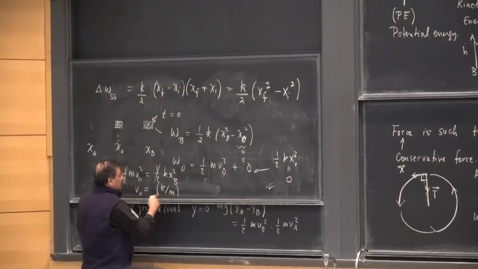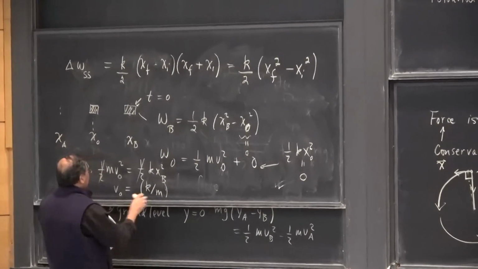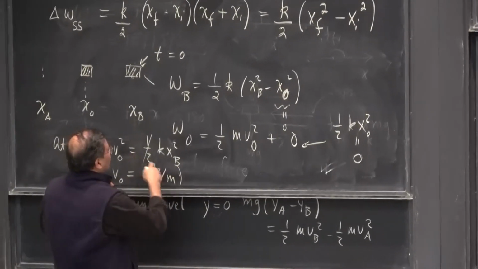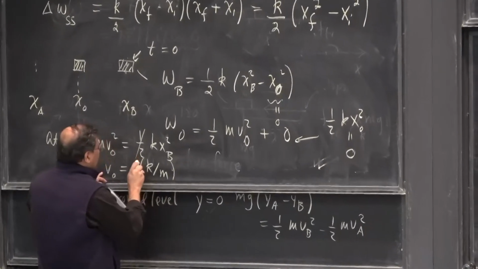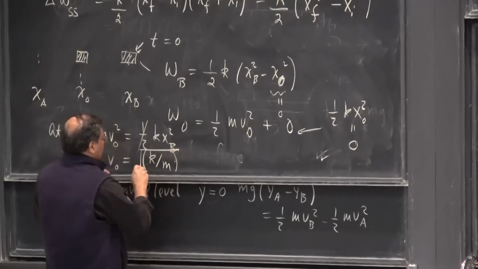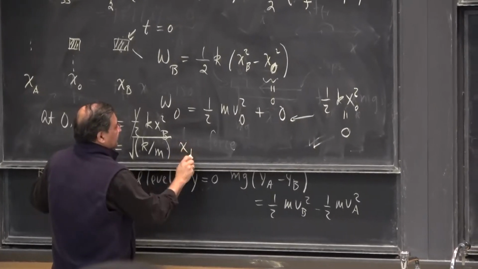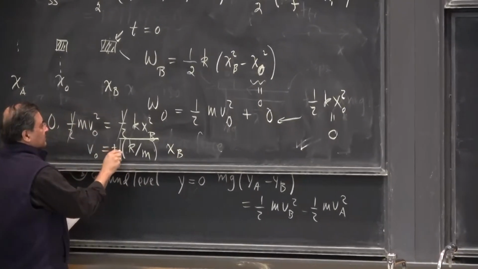Usually spring constant k can be a large number, and mass can be whatever it is. So V0 is k over m square root times xb. And of course square root means plus minus.